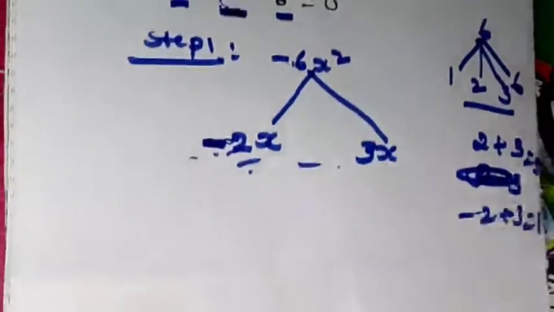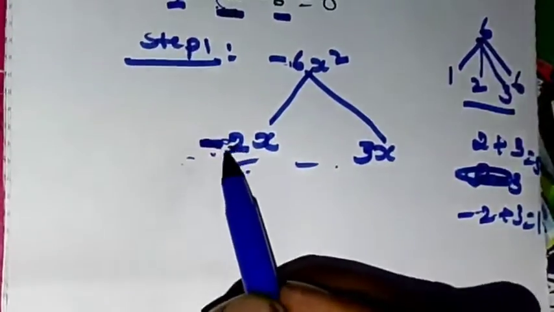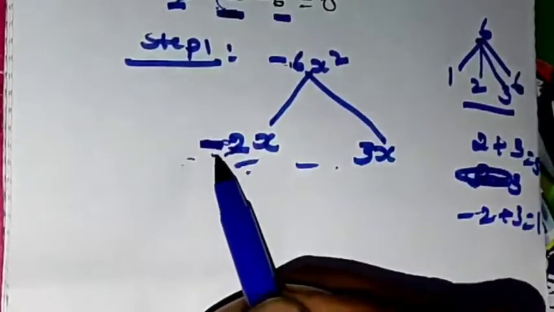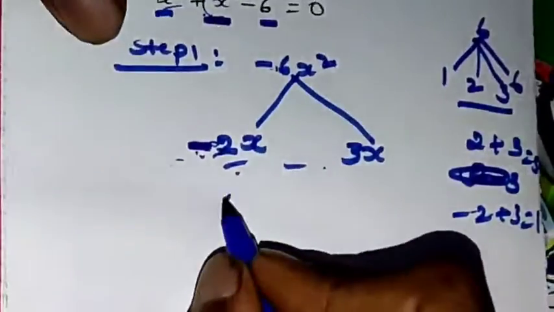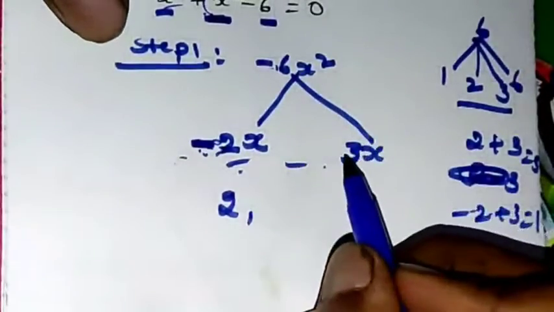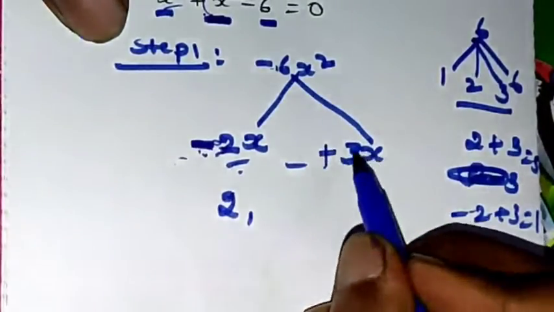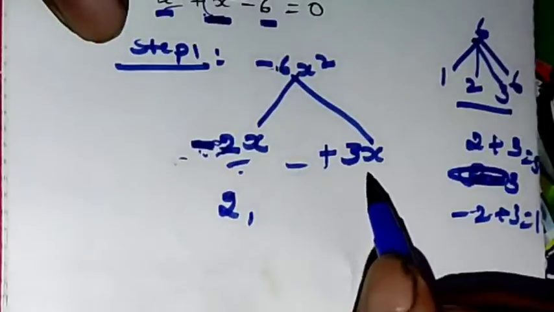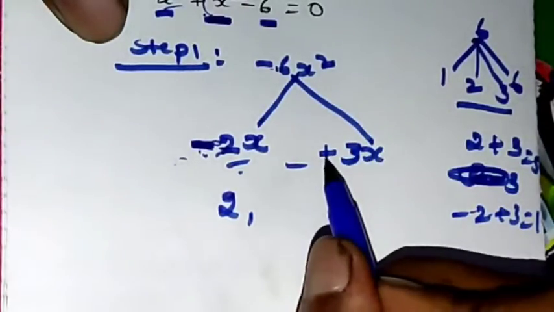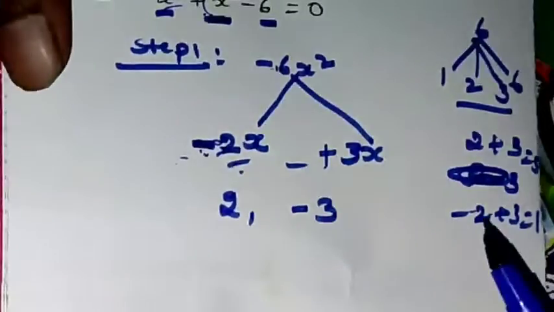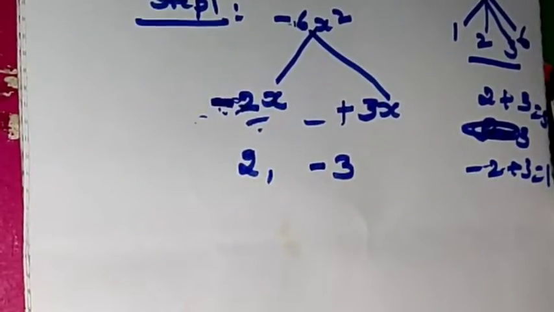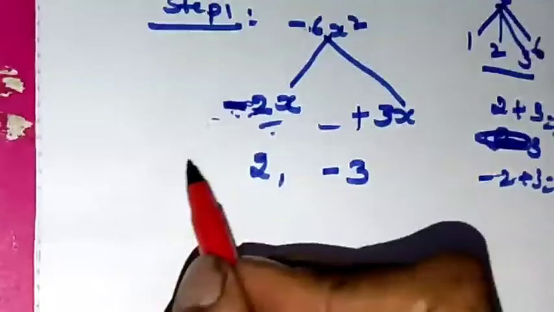Then the next step is, here minus 2 is there, we have to exchange the sign, so we take 2. Here the sign of 3 is plus, we exchange the sign, so we take minus 3. This is step 2.